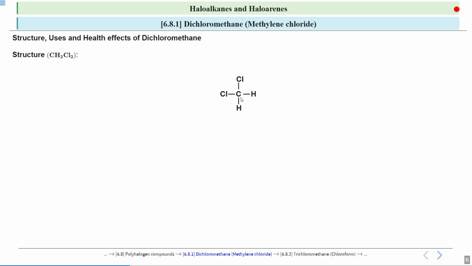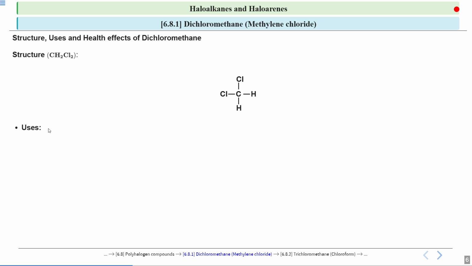The structure is CH2, a single carbon compound with two valencies occupied by hydrogen and the other two occupied by chlorine atoms. This is a polyhalogen compound because two chlorine atoms are present. This is the structure of methylene chloride, or dichloromethane.